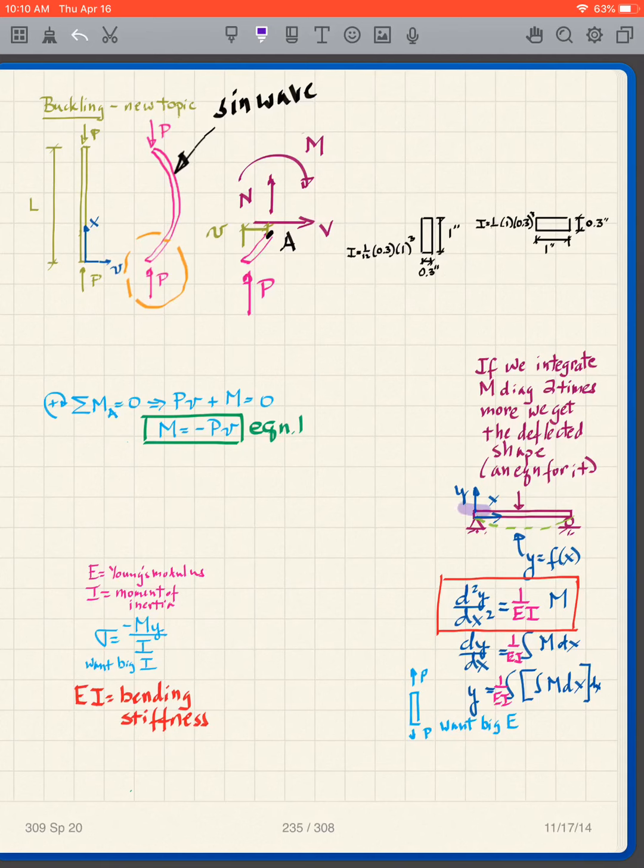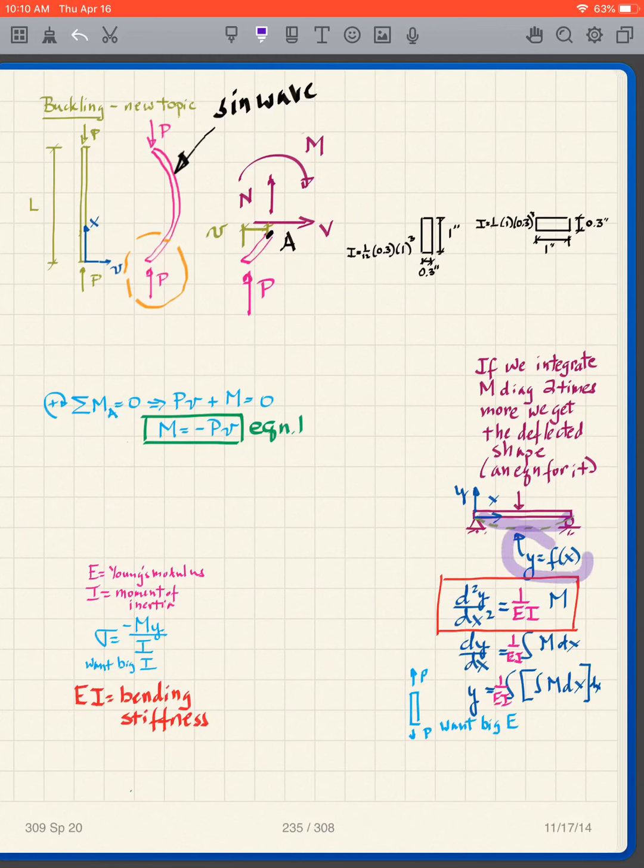We talked about it in class, that when we look at a beam, if we look at our moment diagram and integrate it 2 more times, we end up with the deflected shape of the beam, an equation for it. The elastic curve, sometimes it's called. So in other words, I have a beam that has a deflected shape that looks like that.